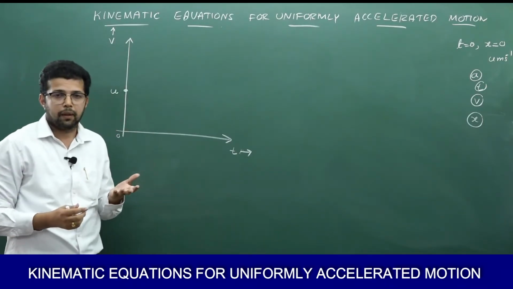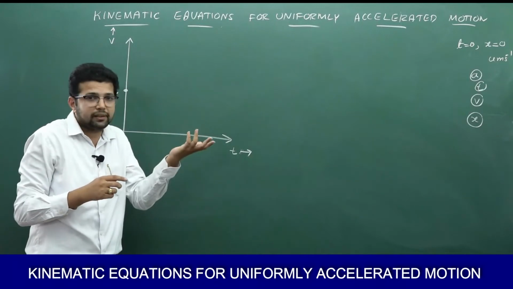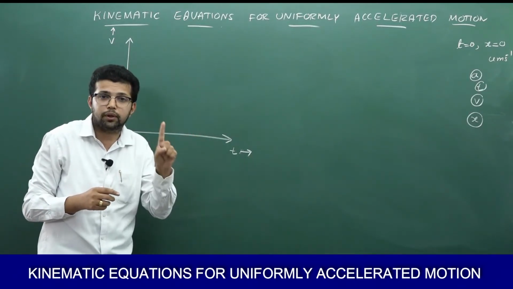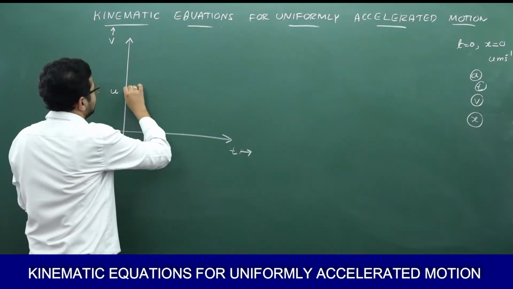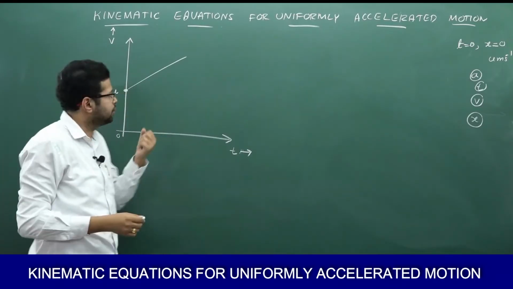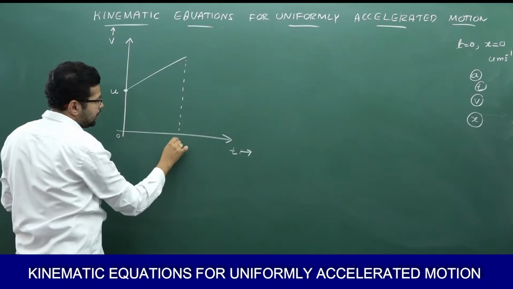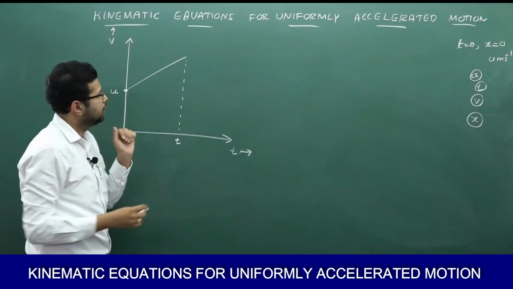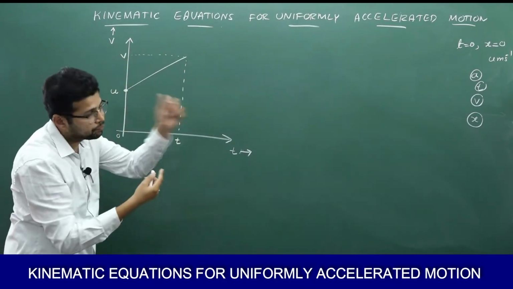We know that the slope of the v-t graph gives acceleration. Constant acceleration means slope should be constant, which means the graph should be a straight line. The object is moving with a constant acceleration, and it moves for a time equal to t, and it attains a velocity v.